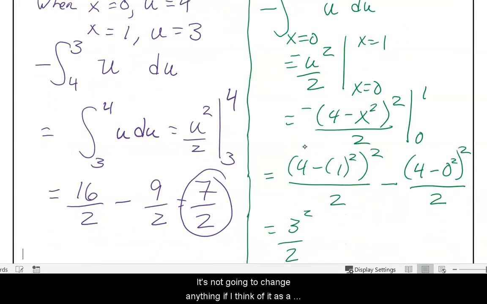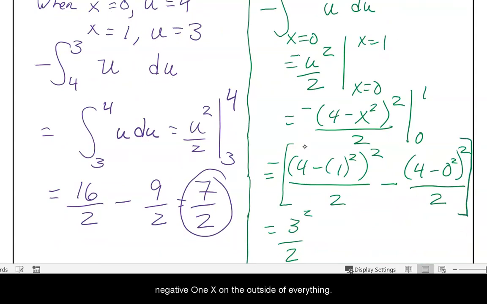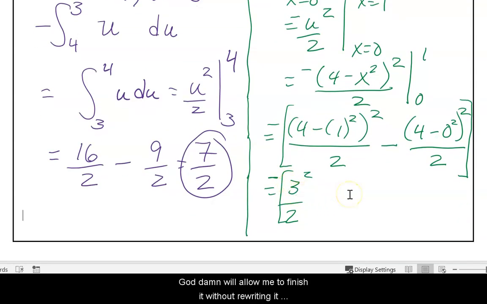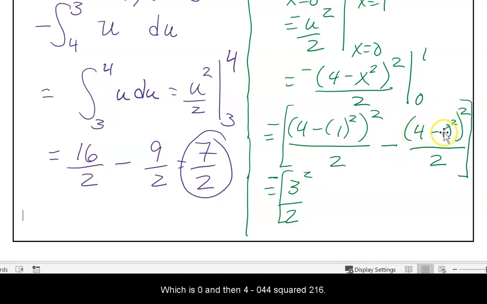It's not going to change anything if I think of it as a -1 multiplied on the outside of everything. That then will allow me to finish it without rewriting it, and then I can change the sign. To continue, this would give me 0 squared, which is 0, and then 4 minus 0 is 4, 4 squared is 16, and this would give me 16 over 2.